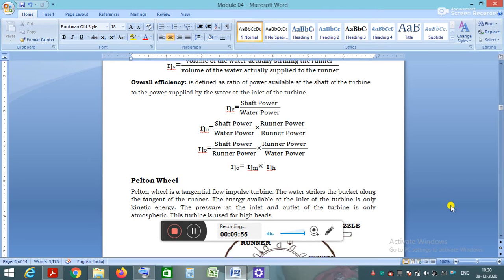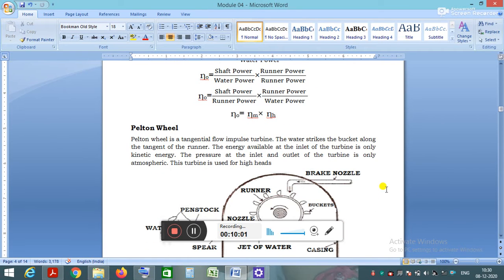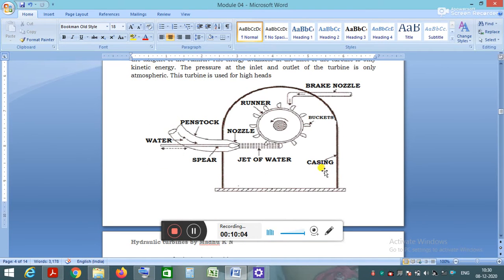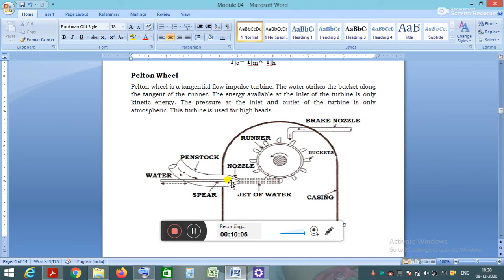dam, large reservoirs, is carried to the Pelton wheel through penstocks and then it flows through the nozzle, which converts the pressure energy of the water into kinetic energy. A Pelton wheel is a tangential flow turbine.